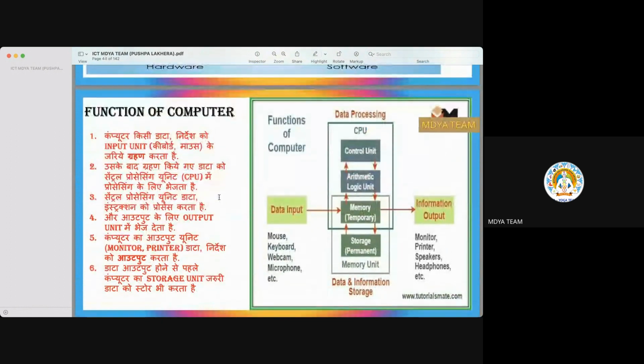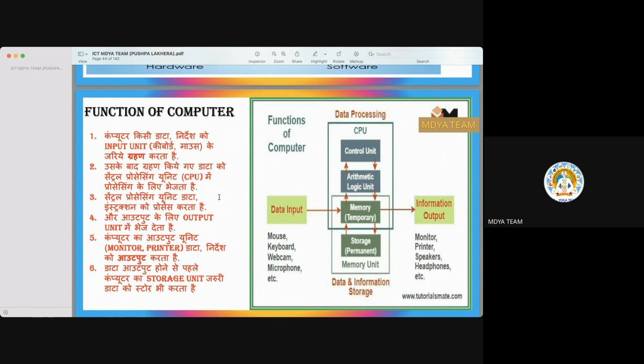Now, in a simple way, if you want to understand what the computer is and what the function of the computer is, this is the block diagram for that. There are some physical entities for giving input to the computer. Those components are called the input devices.